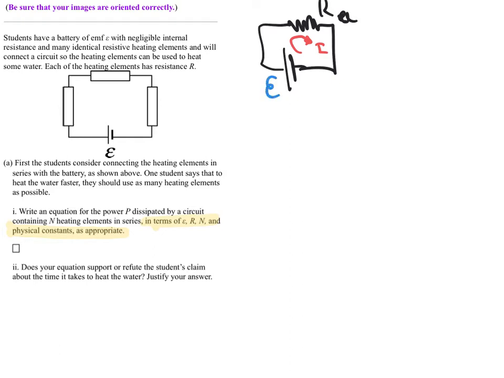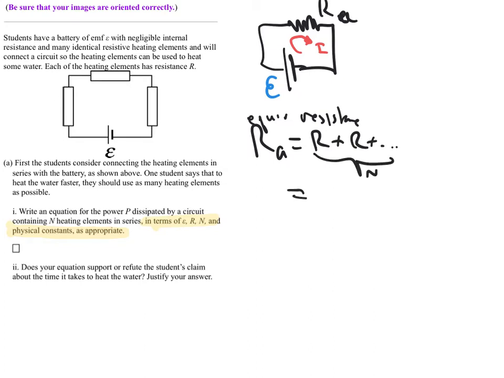To do that, of course, we need to figure out the equivalent resistance RA, which is going to be R plus R and so on, and it's going to happen N times. So the equivalent resistance is N times the individual resistors, because in series they just add for resistors.